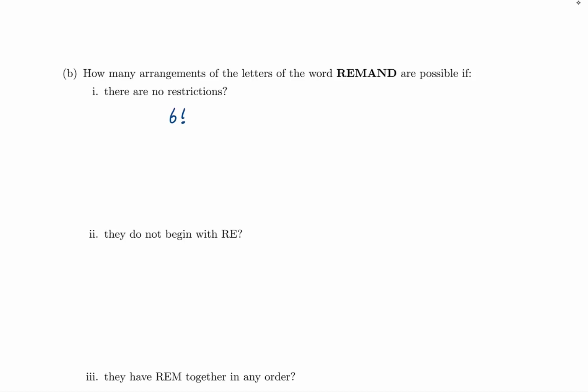Because 6 letters, 1, 2, 3, 4, 5, 6, all different letters, no repeated letters, therefore factorial 6. Or you can say this is actually the same thing, 6P6, right? So that is the same. So factorial 6. Then they do not begin with RE. Okay. Now first think about this way.